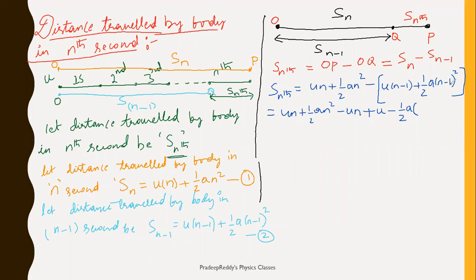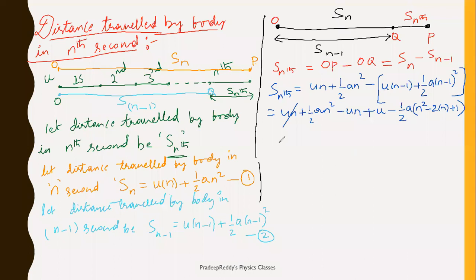What is n minus 1 whole square? A minus b whole square is equal to a square minus 2ab plus b square. So n minus 1 whole square can be written as n square minus 2n plus 1.